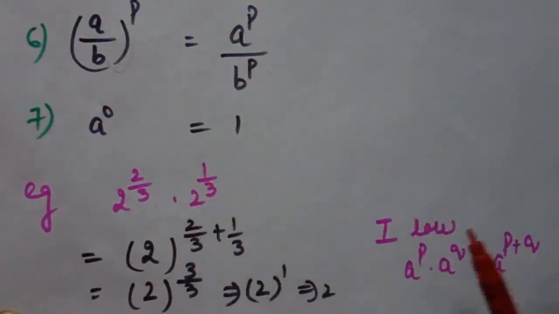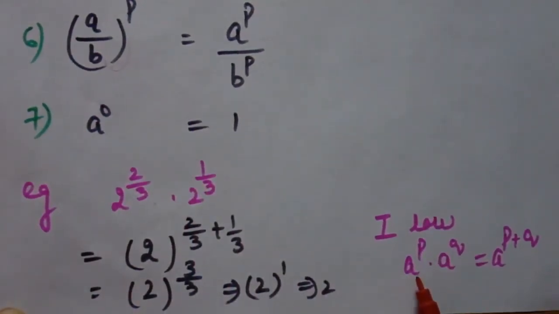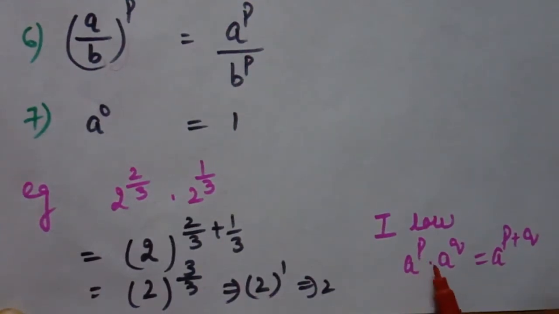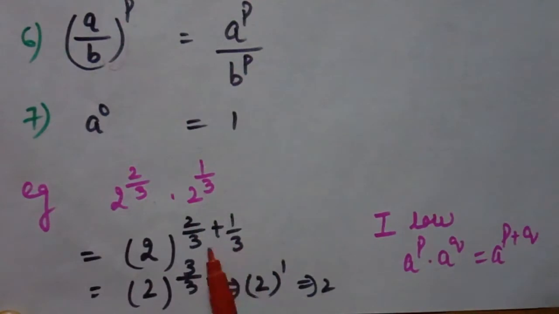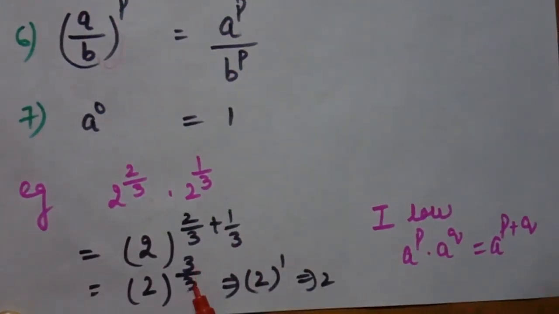We know in our first law, a raised to power p multiplied by a raised to power q, base same, powers different, then a raised to power p plus q. Same here, 2 raised to power 2 upon 3 plus 1 upon 3. We will take their addition with the help of LCM, then it becomes 3 upon 3, which cancels out, then 2 raised to power 1, it becomes 2.